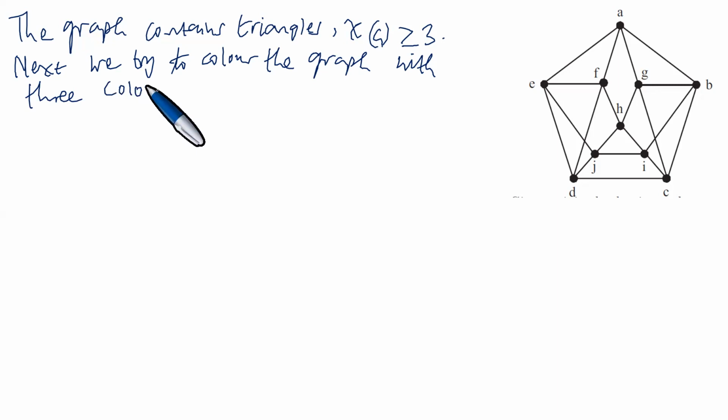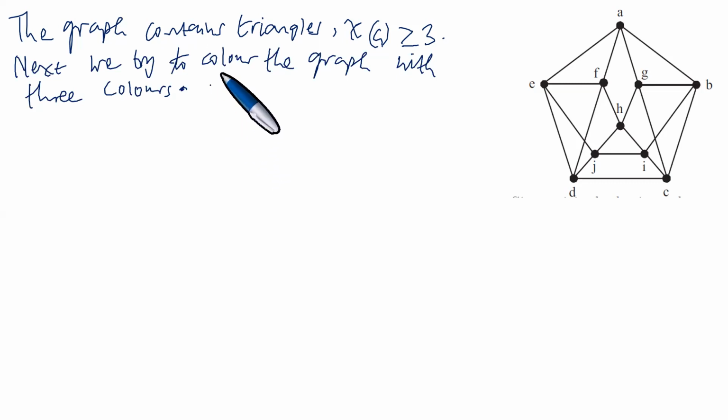Because we can see triangles, we try to color these with 3 colors. The triangles are easier, but there are other things you can use here. I'm going to explain another method as well that you can use.